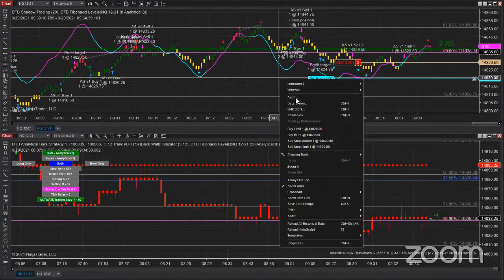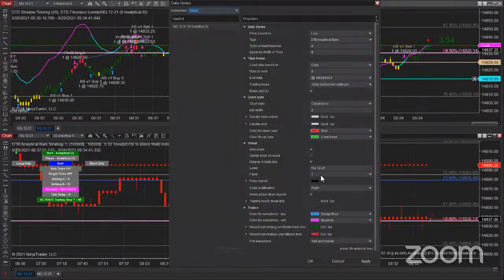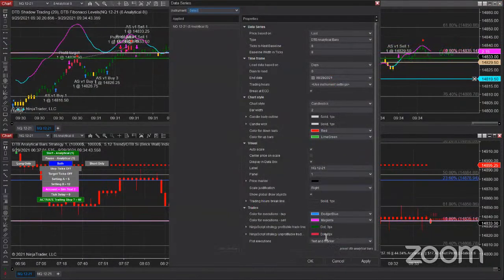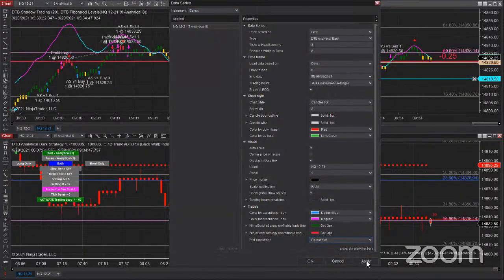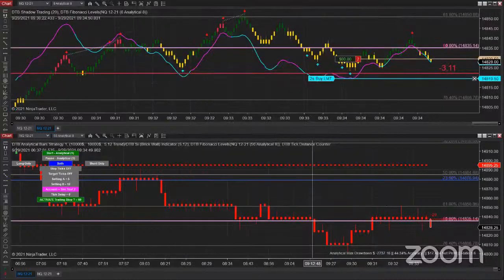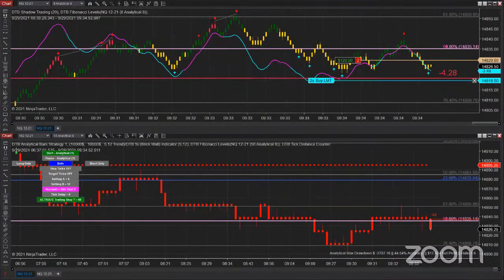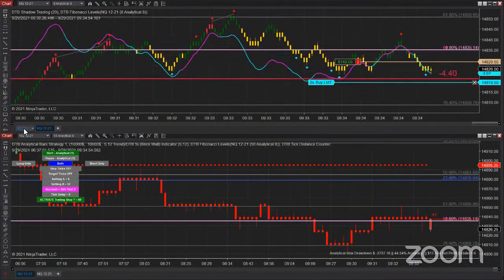I'll take the data off this one. So data series, just remove the text and marker. So just make it do not plot. We don't need to see the plotting of that. And we can go back and look at the strategy itself.